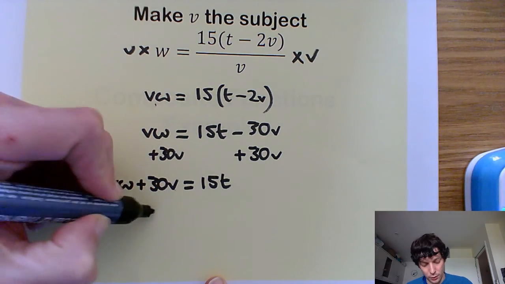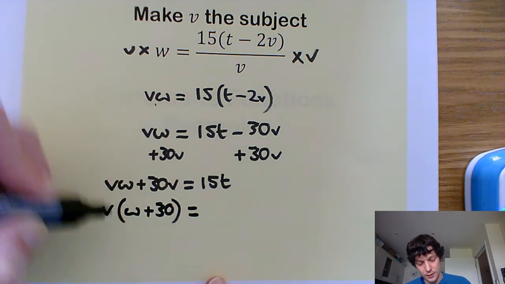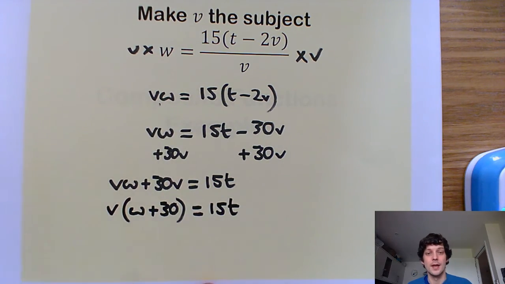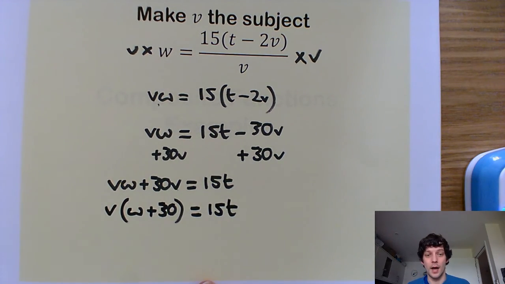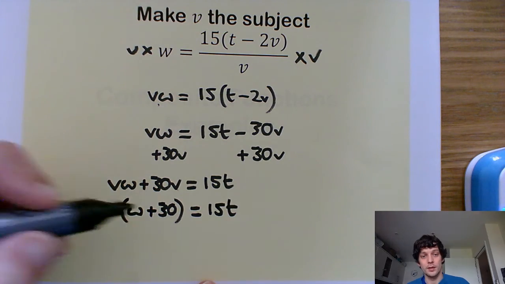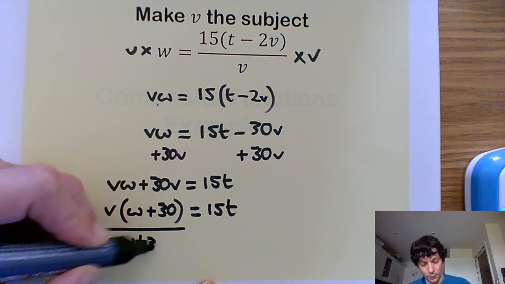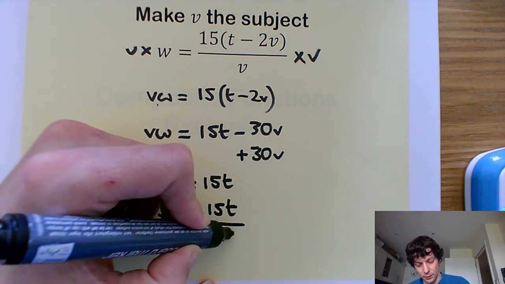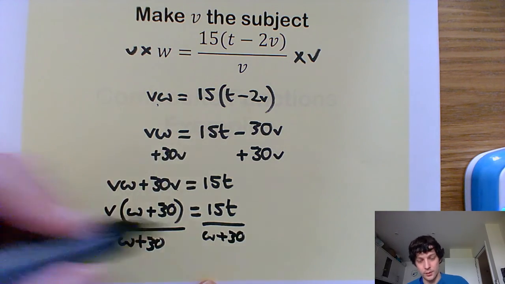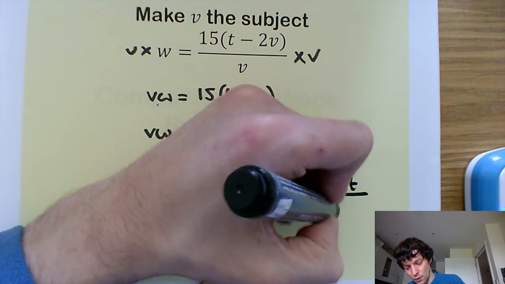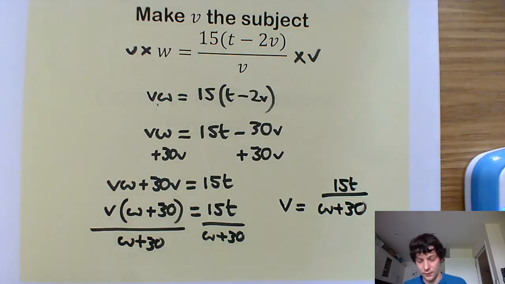I get w plus 30 in my bracket, so v times w plus 30 is equal to 15t, and my final step, I want v written on its own. I need to get rid of multiplying by w plus 30, so I divide both sides by w plus 30. So v is equal to 15t over w plus 30.